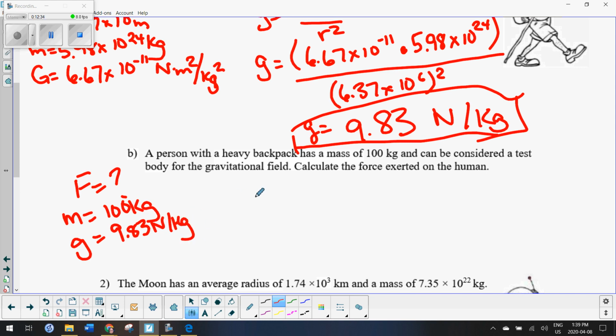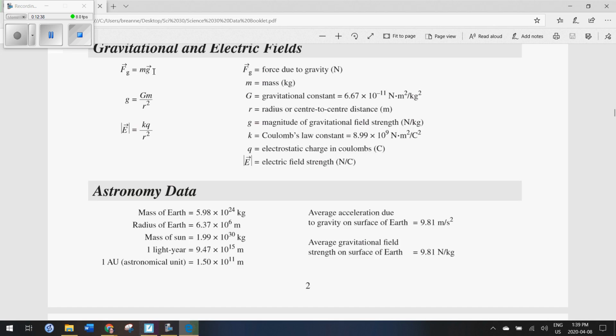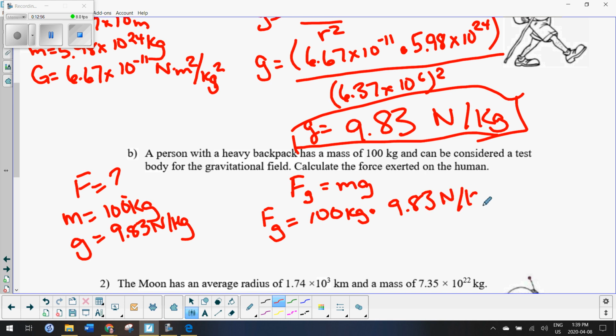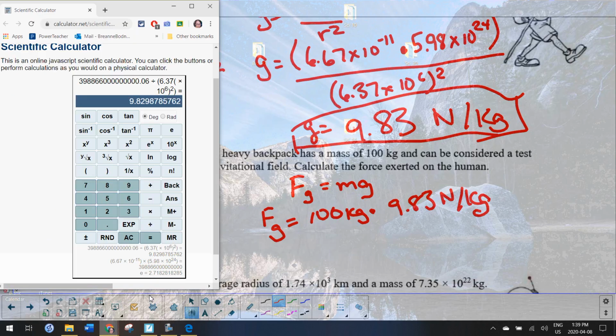Now my calculation to calculate force is mass times gravity. So force of gravity is mass times gravity. Force equals 100 kilograms times 9.83 newtons per kilogram. You don't have to put your units in, that's totally fine. You might already know the answer to this off the top of your head, but if you don't, go ahead and use your calculator.